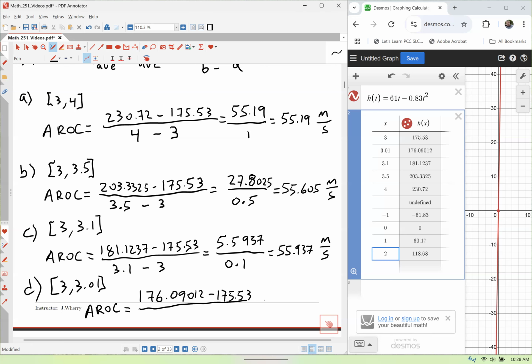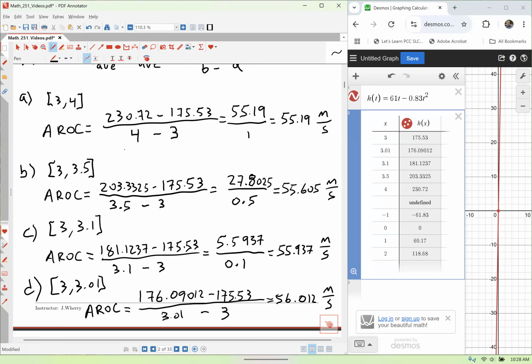And I'm dividing this by 3.01 minus 3. I'm going to type that into a calculator. And that gives me 56.012, again, my units here, meters per second.